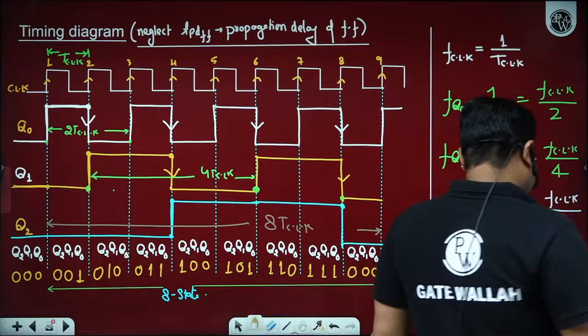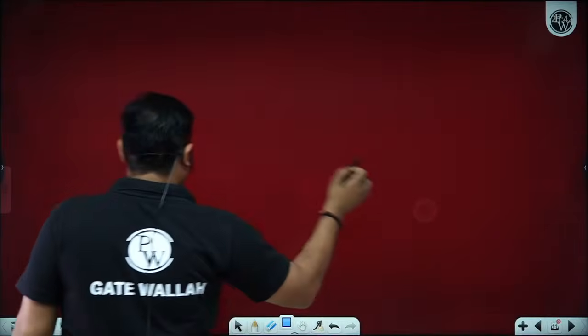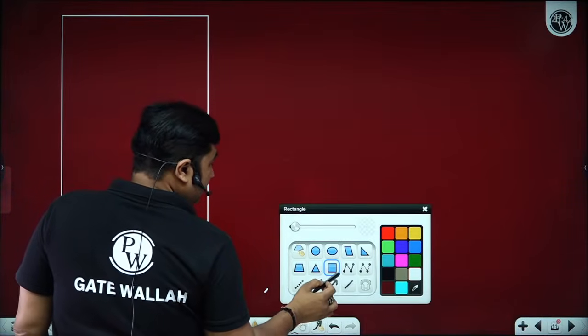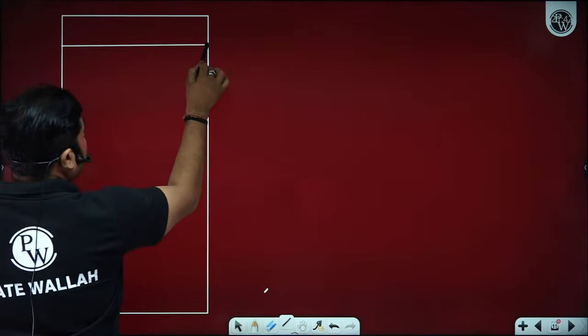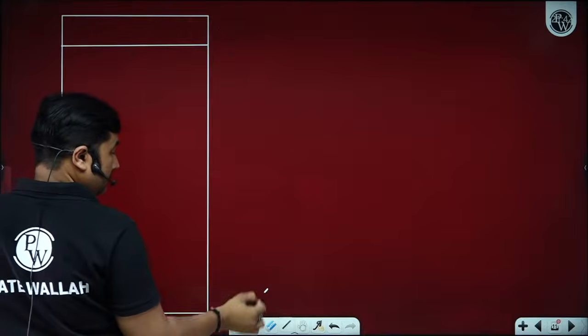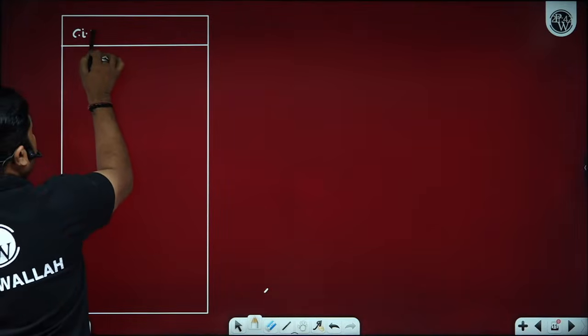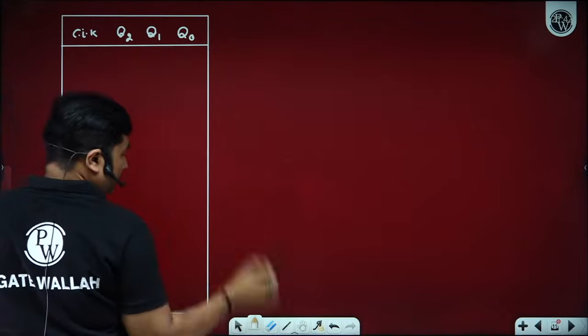Let's talk once again with the truth table and the number of states. Please observe once again. We have clock, Q2, Q1, Q0.